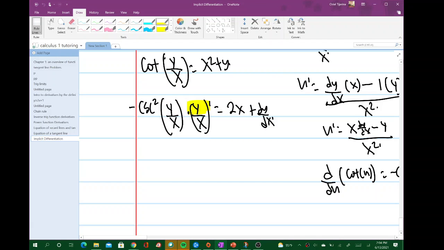So this part here, y over x prime, is going to be rewritten as the following.